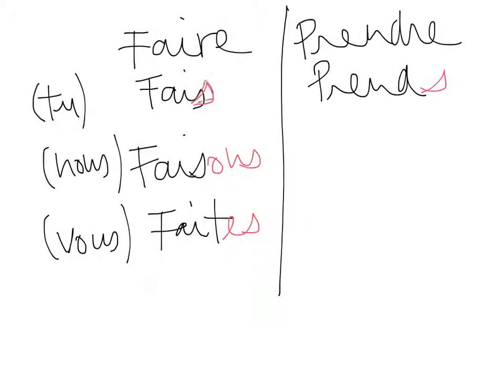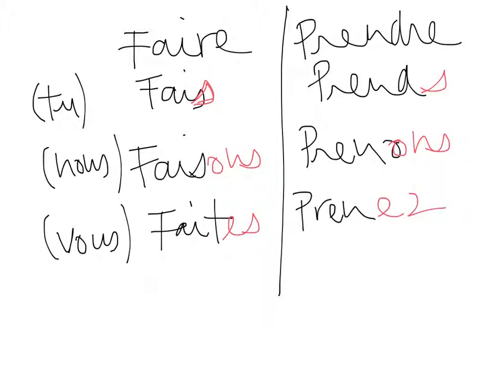I'm going to put S in red here. Prenons. Remember, prendre is irregular. There is no D for nous. Sorry. And there is no D for vous. Prenons. Prenez. Here are our imperative tense for these irregular verbs.